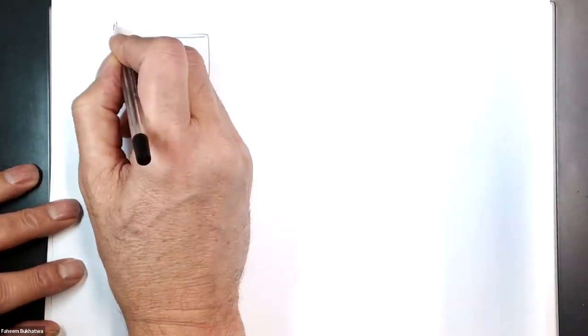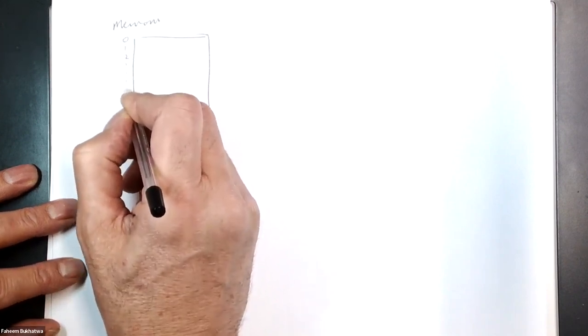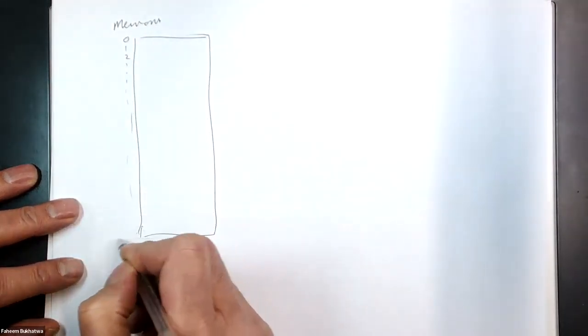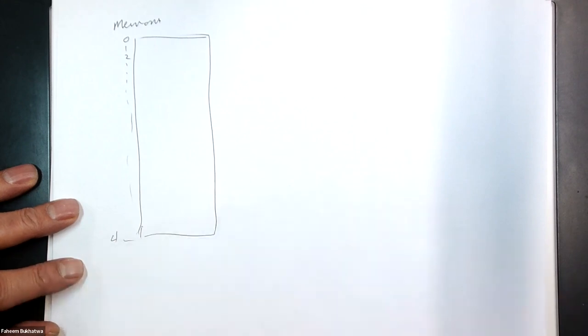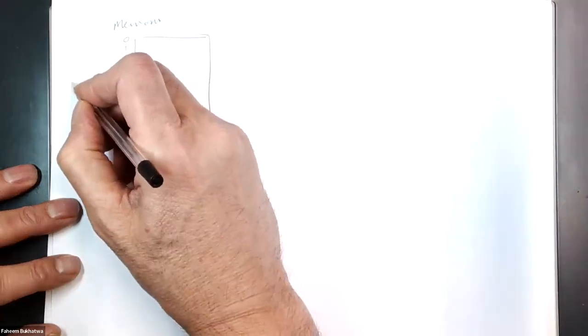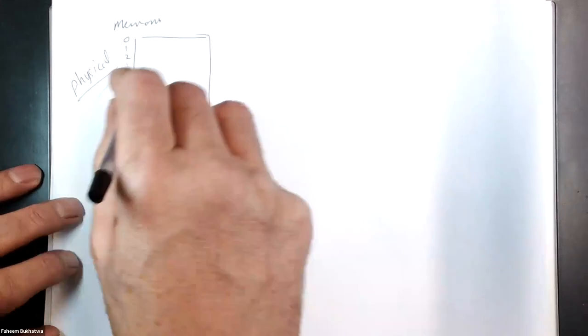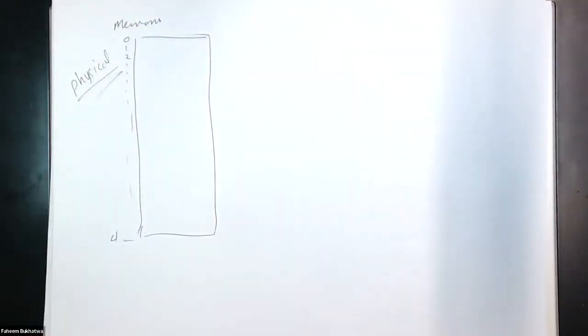If this was memory, then memory has addresses all the way from 0 to the maximum. Let's say 4 gigabytes. And this is called physical address. So any address referenced in memory is a physical address.